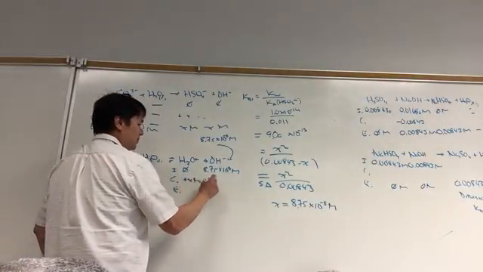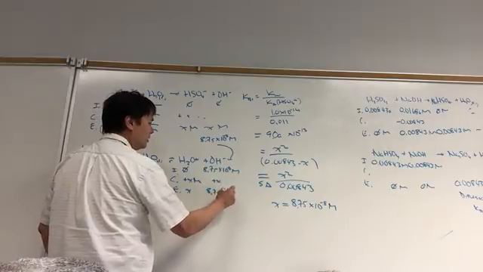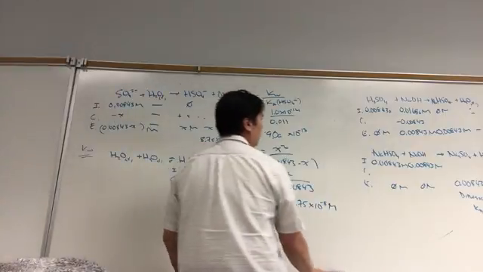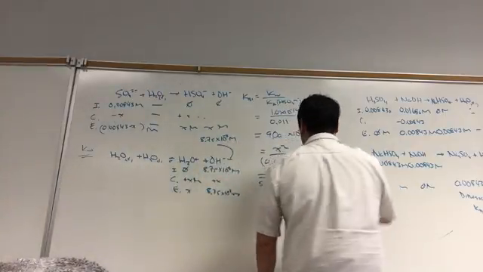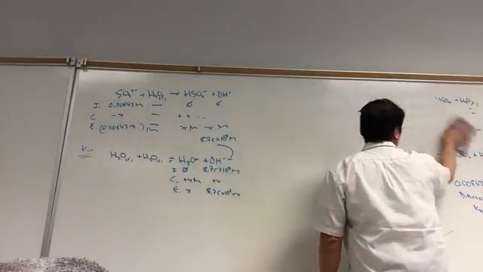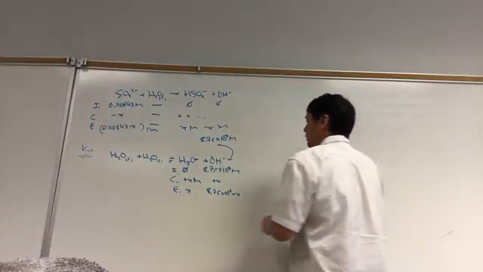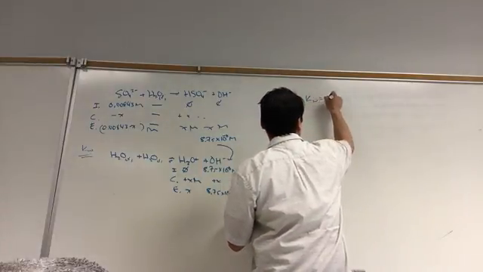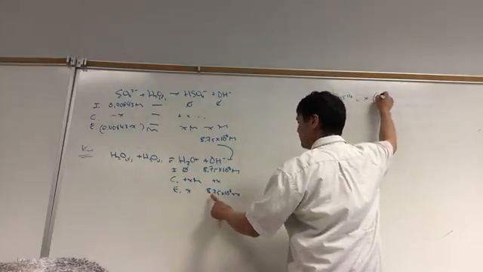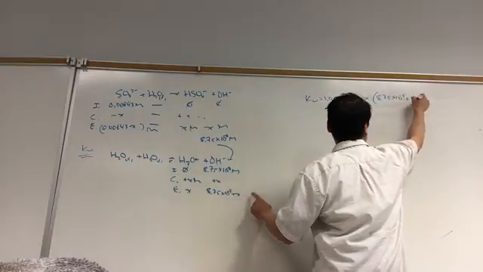Plus x, so we're going to have x, 8.75 times 10 to the minus 8 plus x. Let me erase this here. So Kw is 1.0 times 10 to the minus 14, which is going to equal x times 8.75 times 10 to the minus 8 plus x.